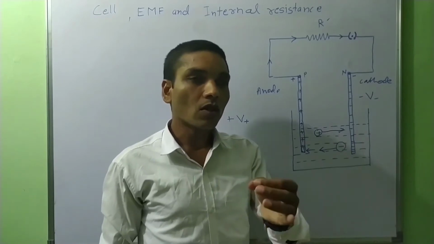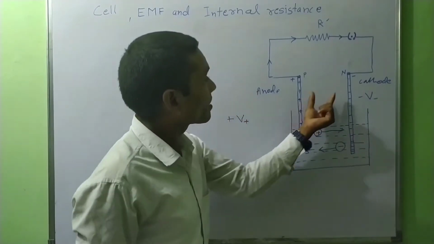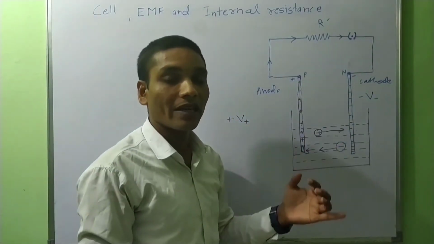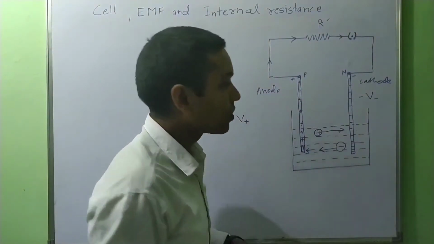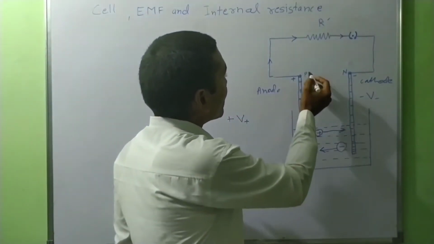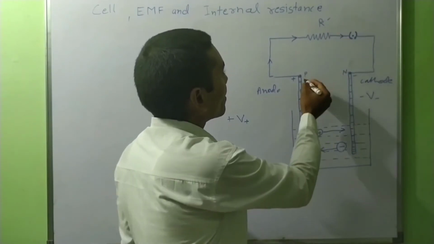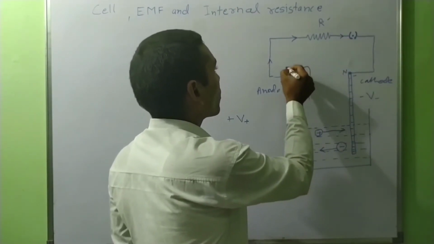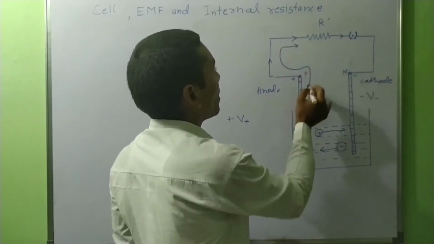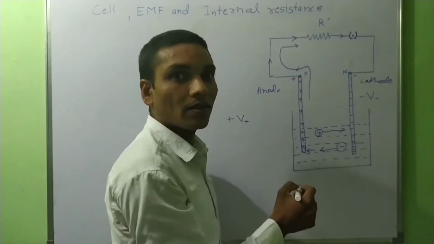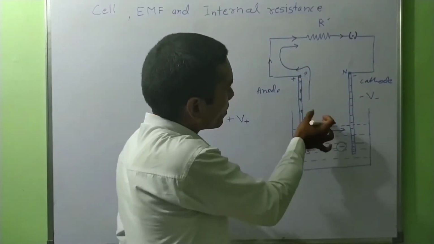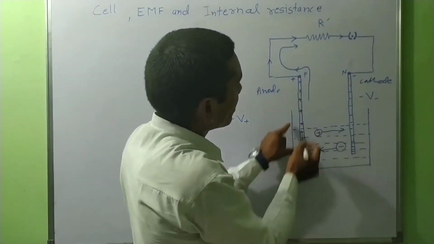So what will be the expression for the EMF, electromotive force? In the circuit here, electrons are moving along this direction due to the positive potential.